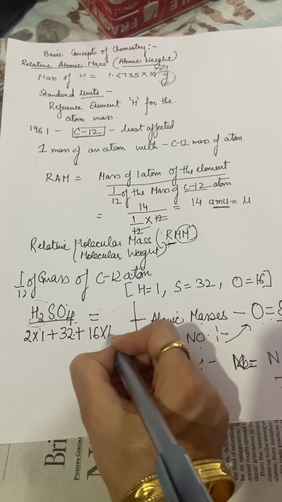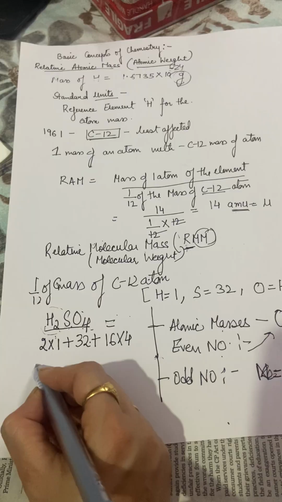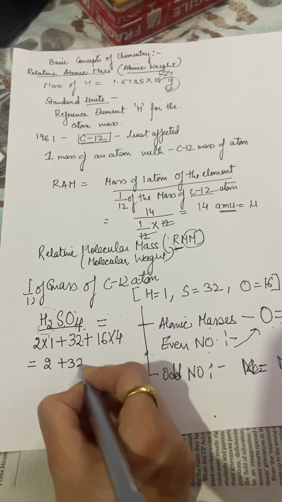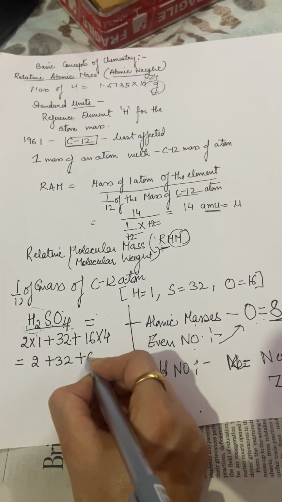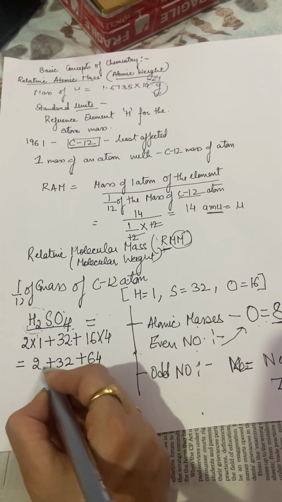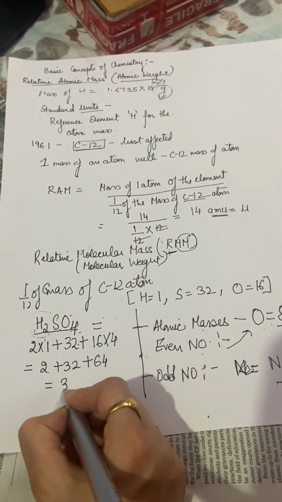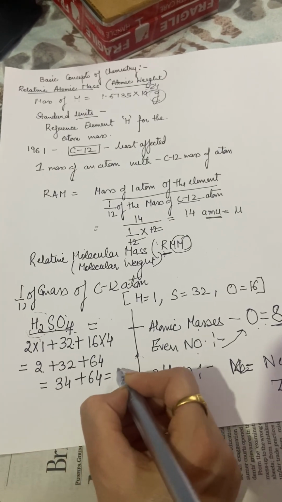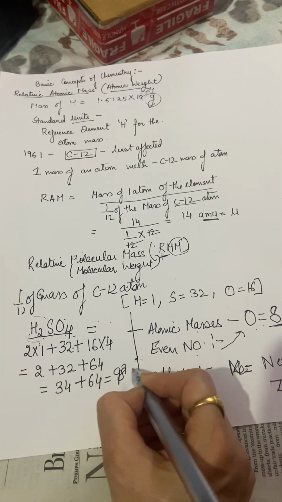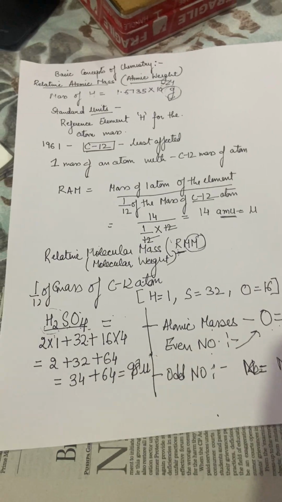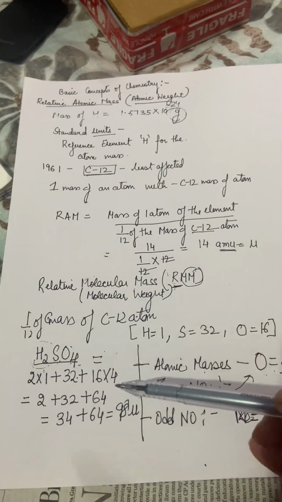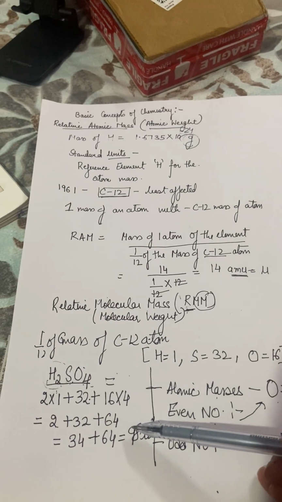So 16 into 4. Now let's calculate: 2 plus 32 is 34, and 16 fours are 64. 34 plus 64 is 98. And what is the unit? Either AMU or u. I hope the difference between atomic weight and molecular weight is clear to everyone.